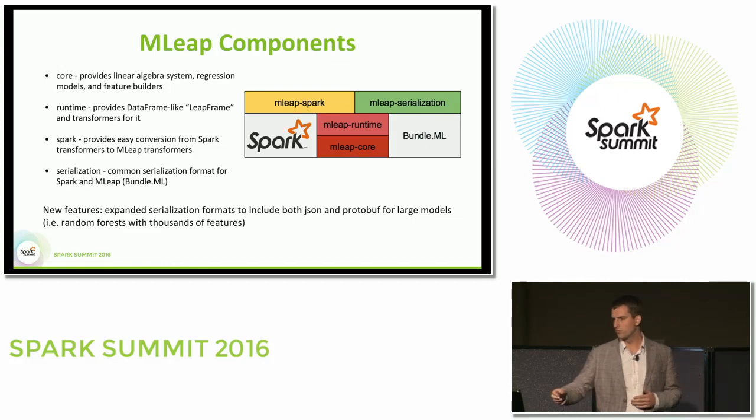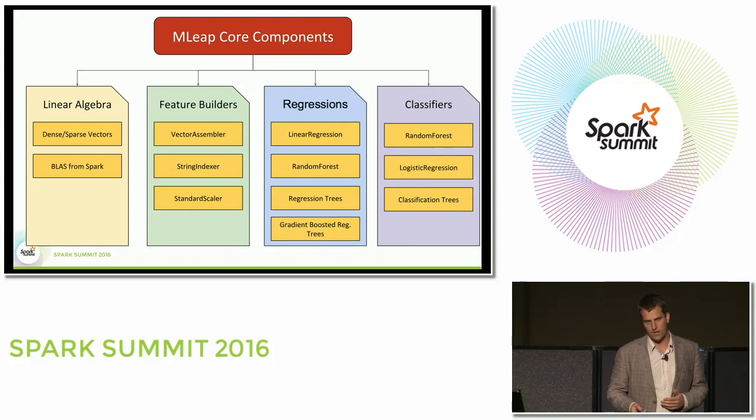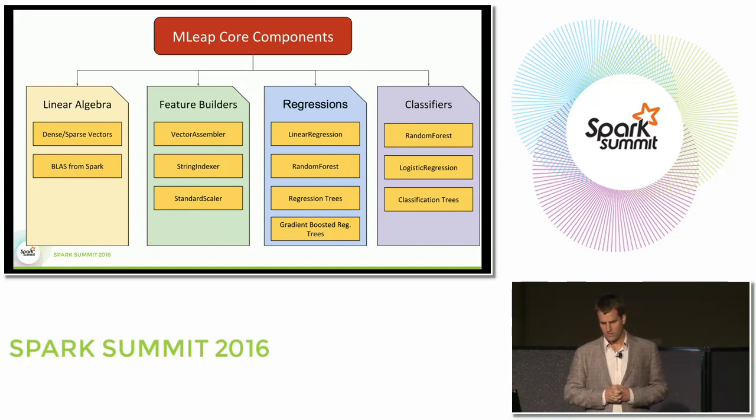MLeap Core has this linear algebra library that Mikhail was just talking about, that Databricks, I think, is working with Netflix, and they got it separated from the main Spark project. But anyways, pretty much that provides our dense and sparse vectors as well as a basic linear algebra subprogram.